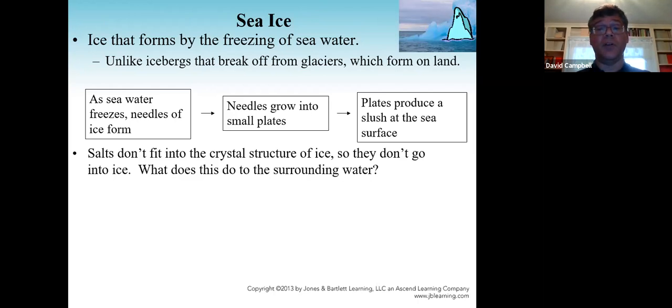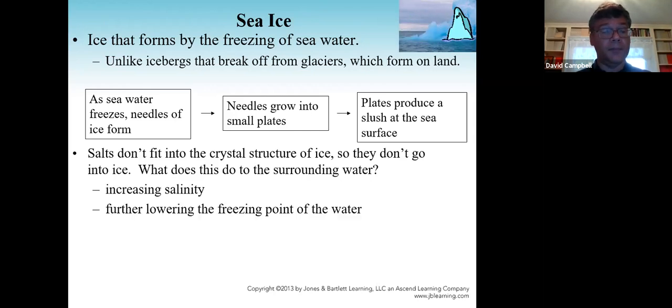If salt's not in the ice, it's left in the water around. So that water gets saltier, which lowers the freezing point, makes it hard to freeze. So we're getting less and less likely to make more ice as it gets colder with our salt water.